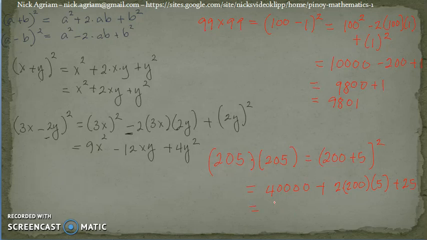Then we have 40,000 plus 10 times 200, that is 2,000, plus 25. Then we have 42,025.